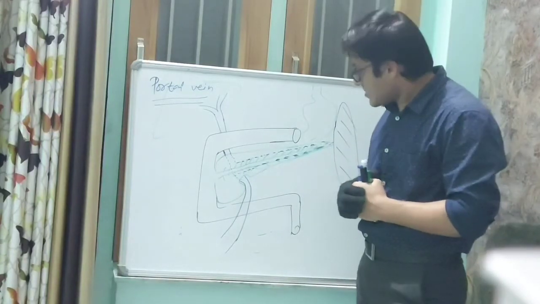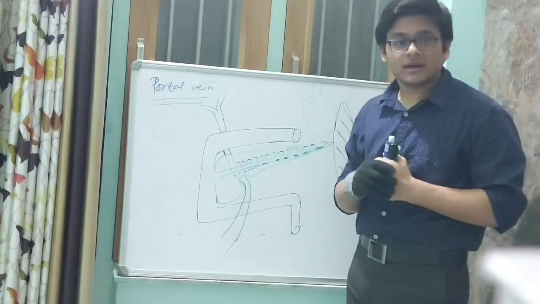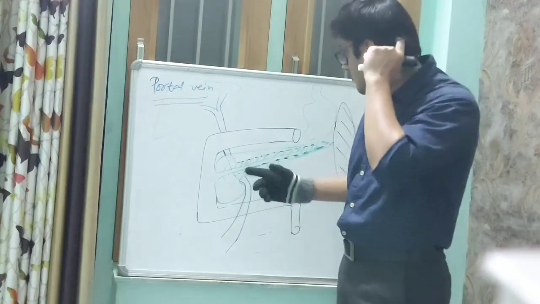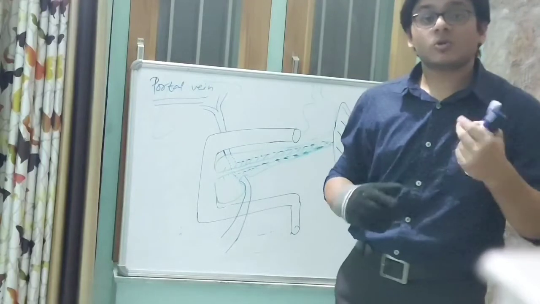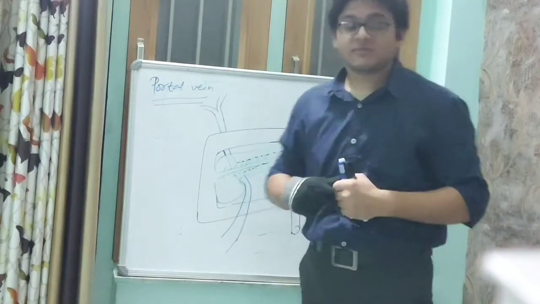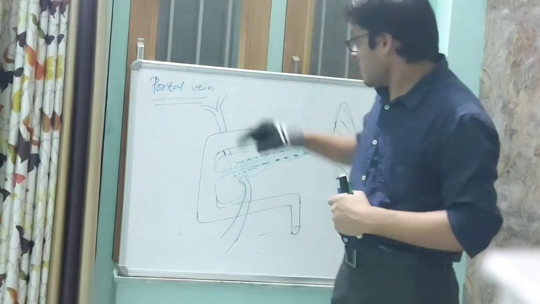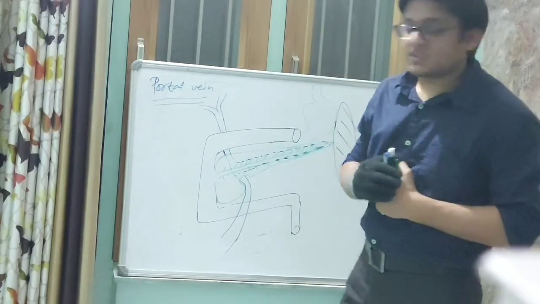One, the part lying below the duodenum, that is the infraduodenal relation. One that lies posterior to the duodenum, that is the retroduodenal relation, and one part which lies above the first part of the duodenum. So this can be called the supraduodenal relation.